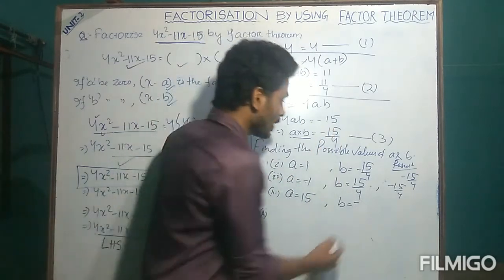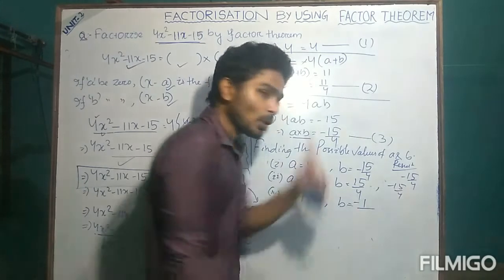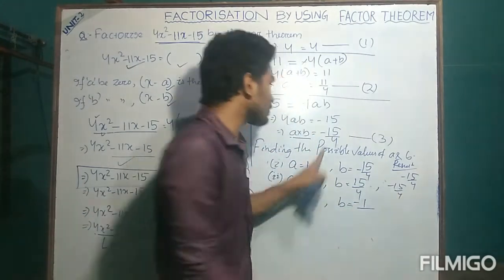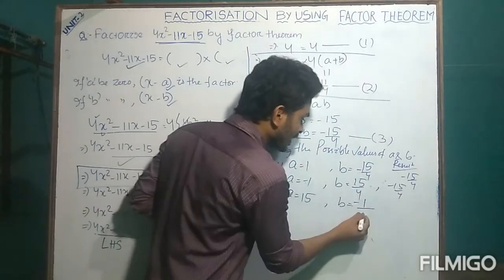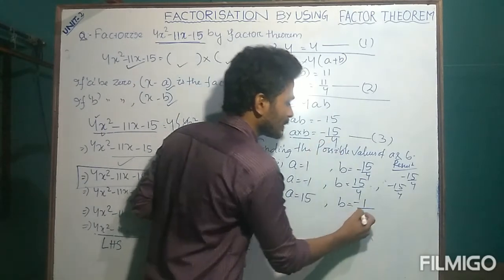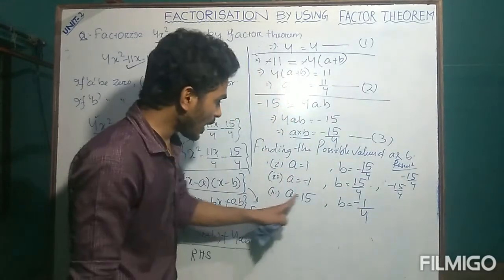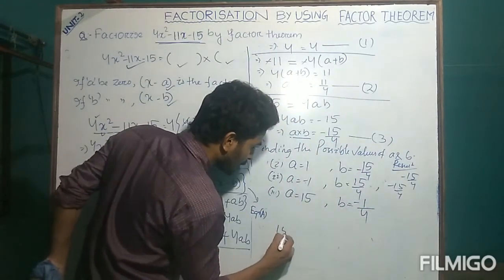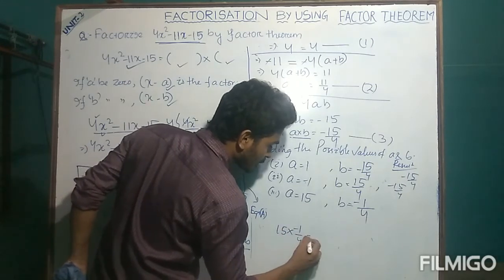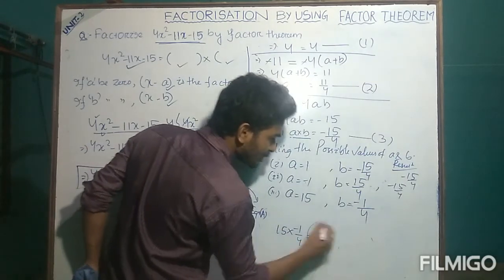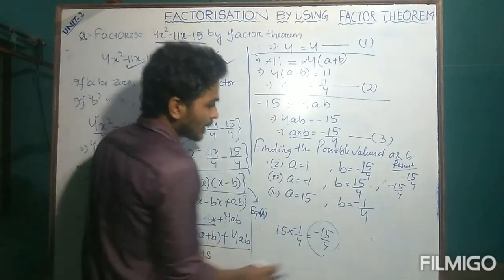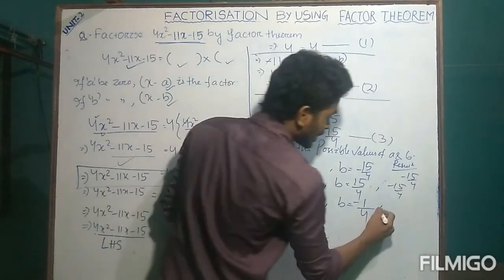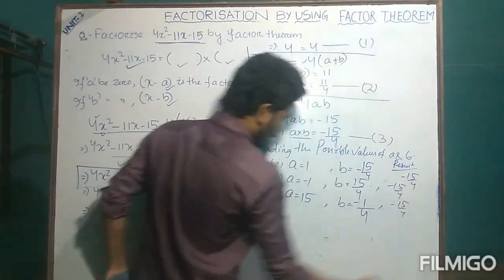That means in the numerator we only need 1, because 15 into minus 1 gives minus 15. But in the denominator we need 4. Now after multiplying 15 into minus 1 by 4, the result will be minus 15 by 4.